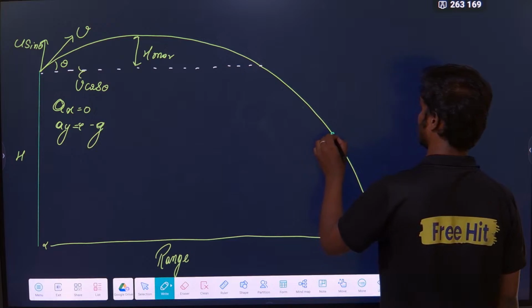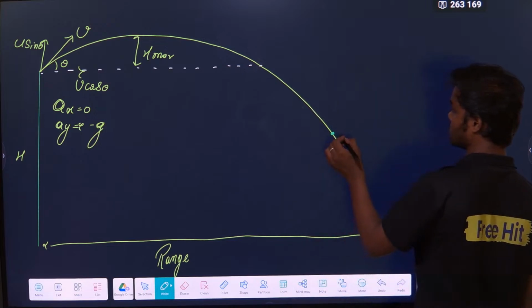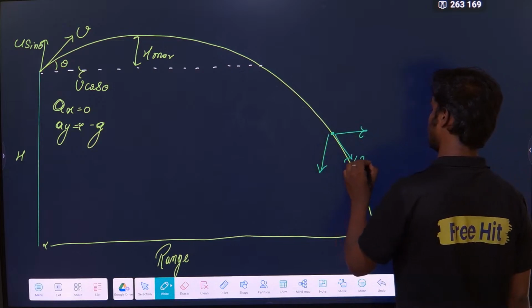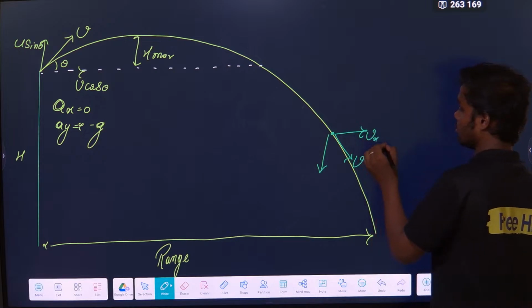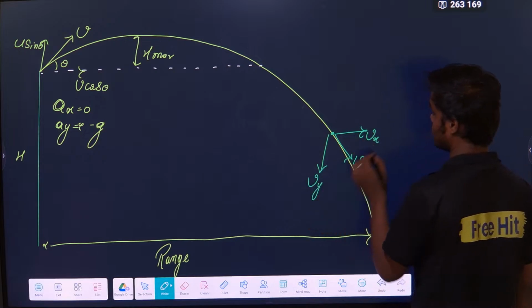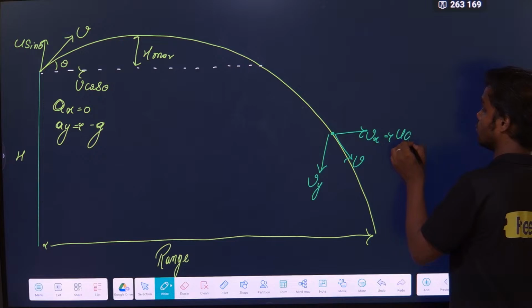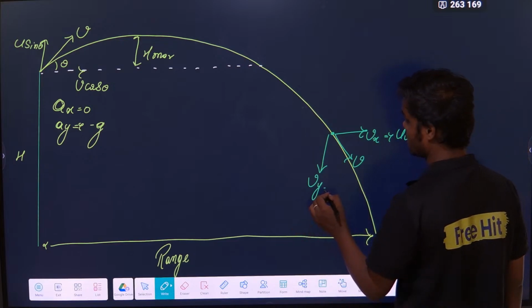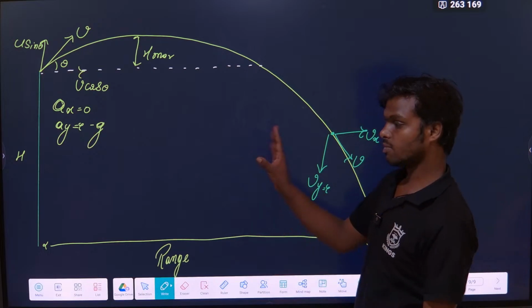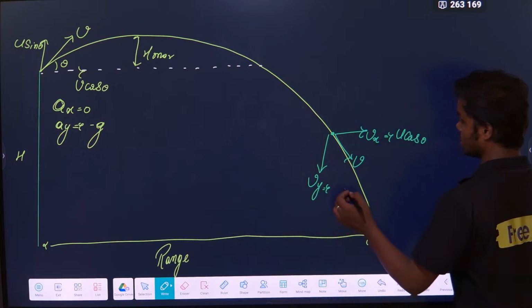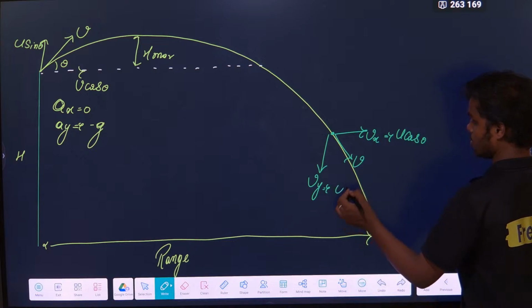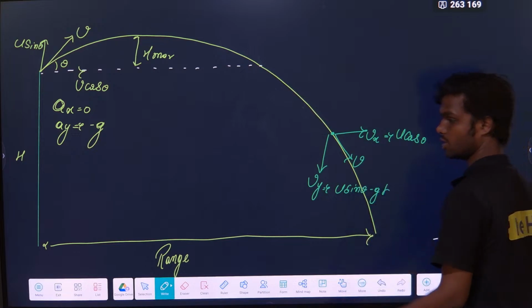For this point the velocity is v, this velocity is u cos theta. And what is this velocity? It is the same as in projectile motion, you can write it like that: u sin theta minus gt, same thing.